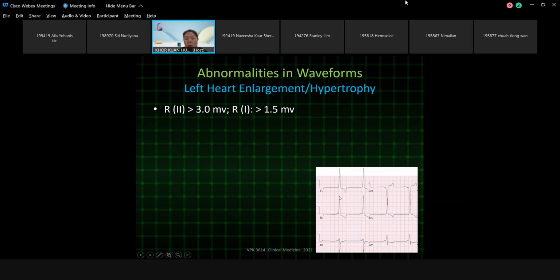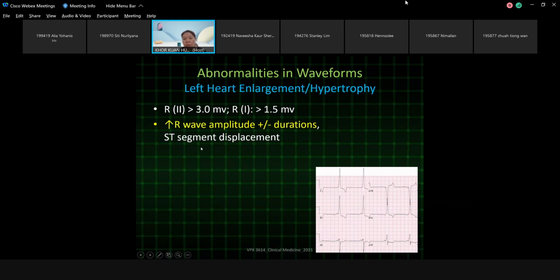PQR, very tall R. But for you to say that it's very tall R, it must fit the criteria of more than 3 millivolt. So it's going to have a high R wave amplitude, plus minus the duration is not very important.